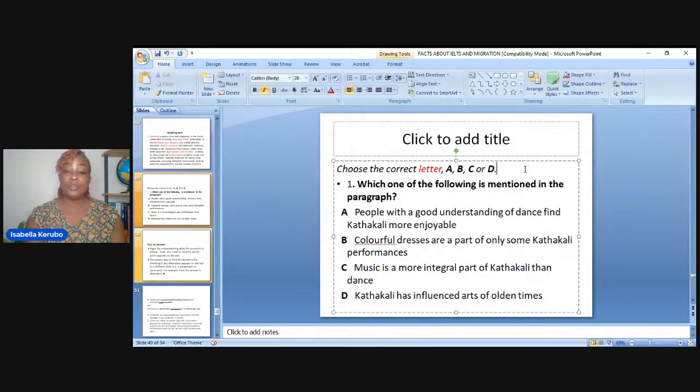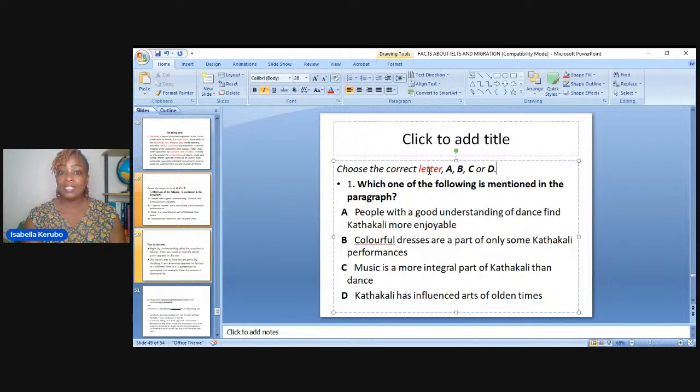Look at the instructions; remember in my last video I said reading of instructions is very key. The instructions here say this is what we are supposed to do: choose the correct letter.